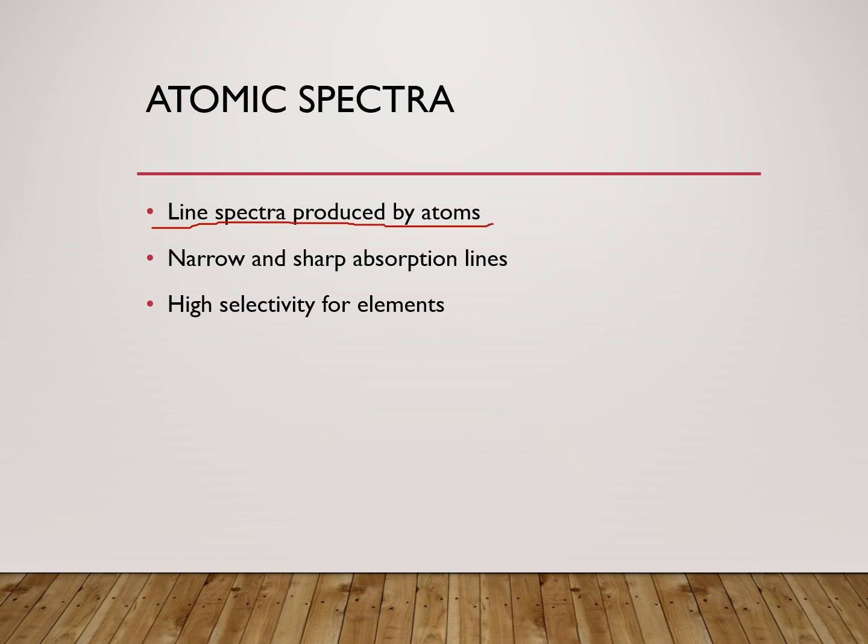However, in the case of AAS, the atoms produce line spectra. These lines are extremely sharp and specific, which gives AAS its high selectivity. This is the reason AAS can accurately distinguish between different metal elements.